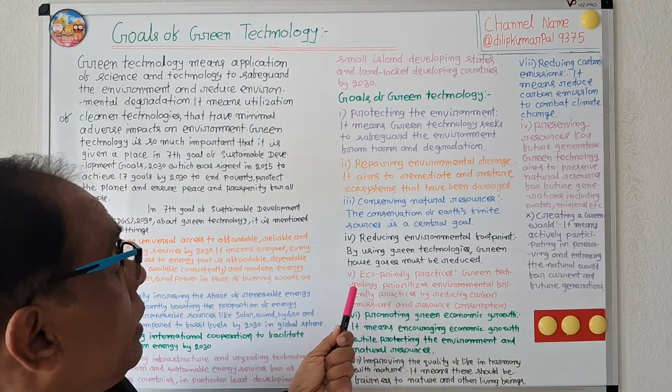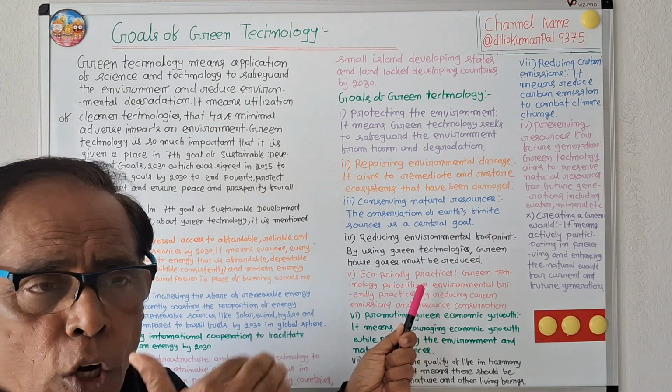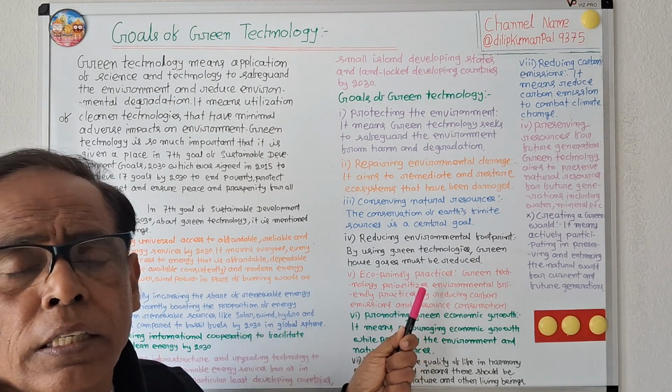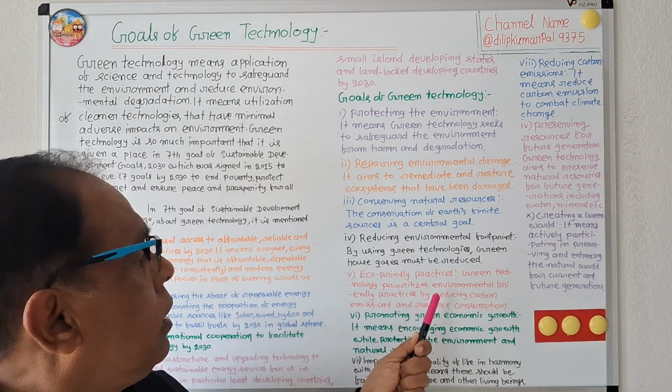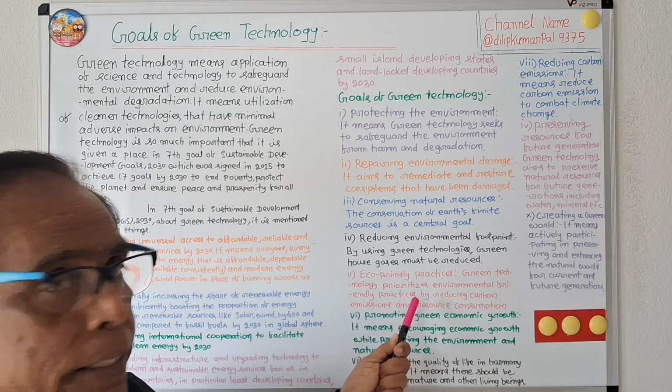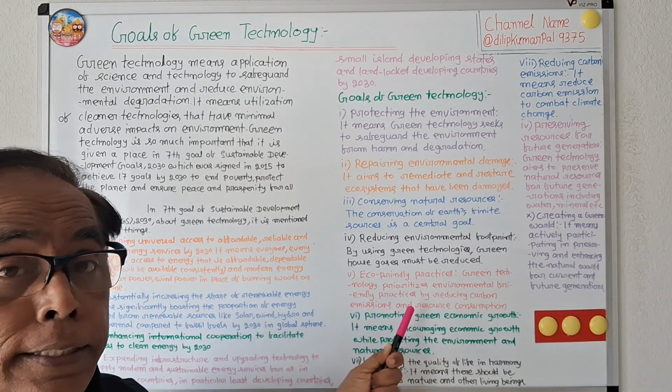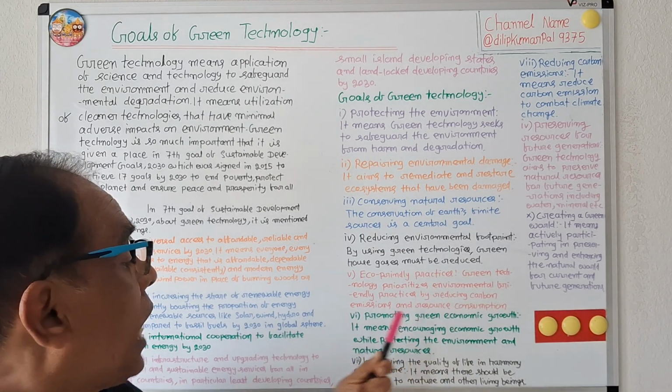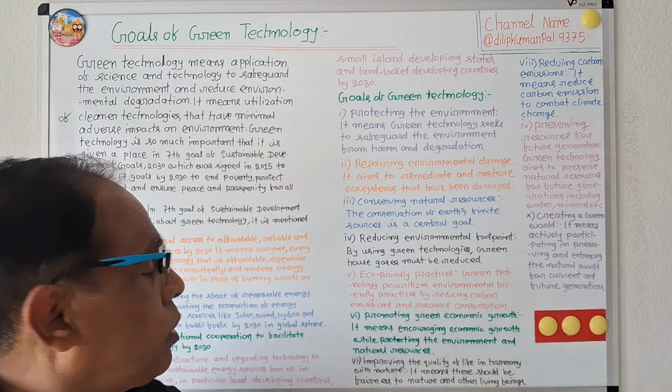Number five, eco-friendly practices. Another objective of green technology is eco-friendly practices. Green technology prioritizes environmentally friendly practices by reducing carbon emissions and resource consumption.